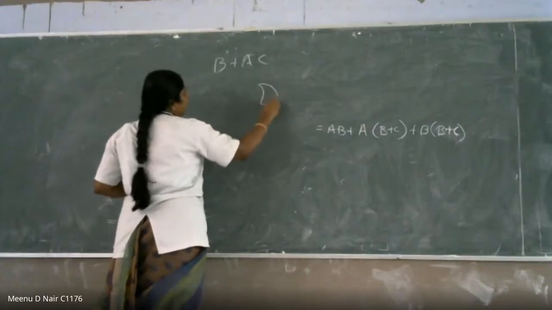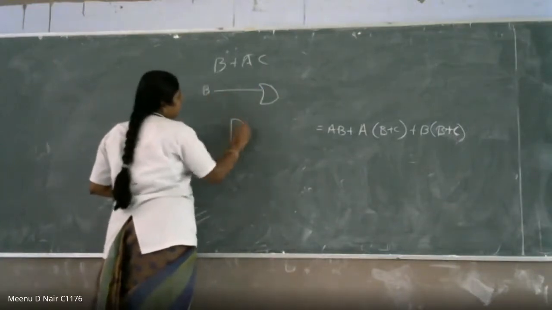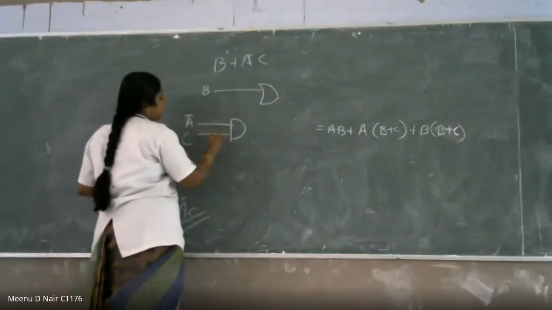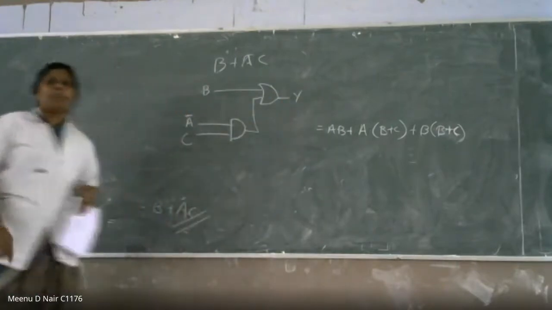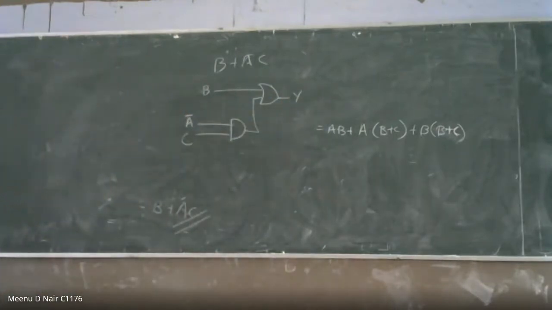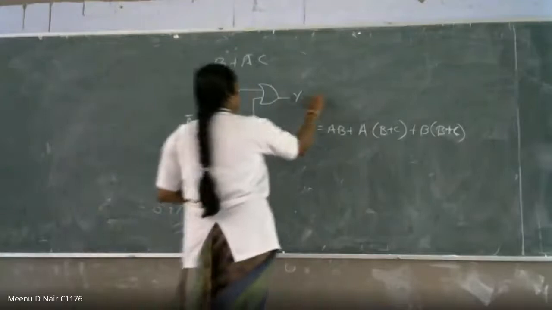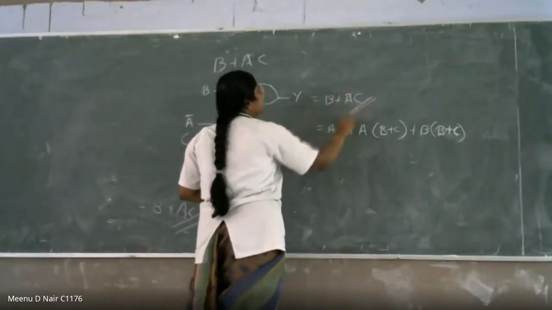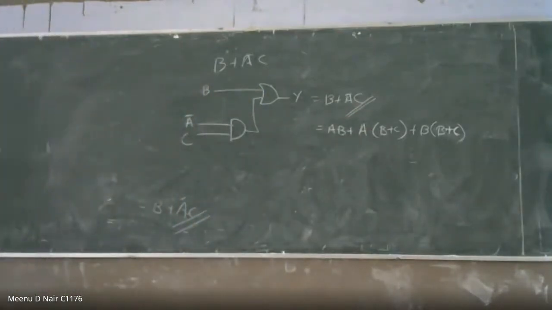You can draw one OR gate with input B, then one AND gate for A̅C, and the output is Y. Y is nothing but B + A̅C. This is the simplified circuit diagram.